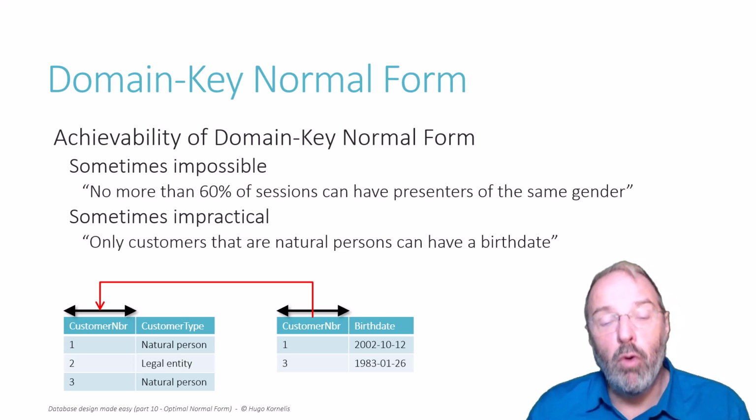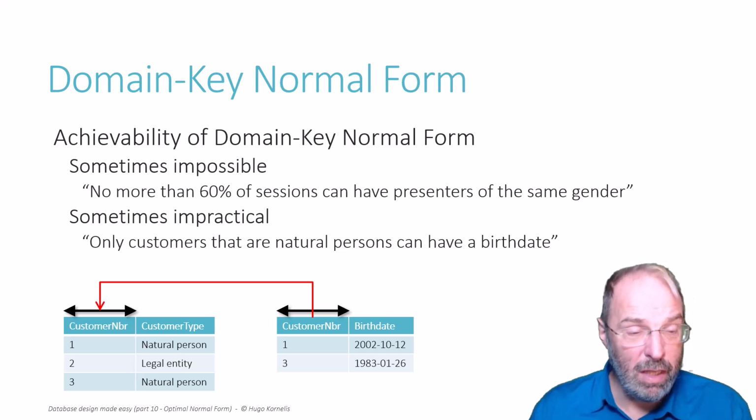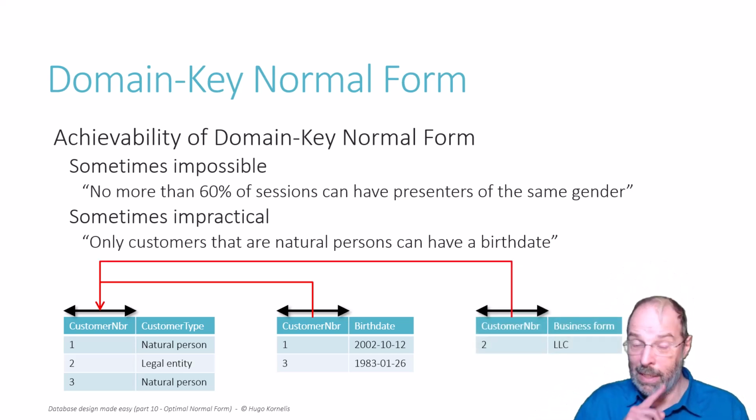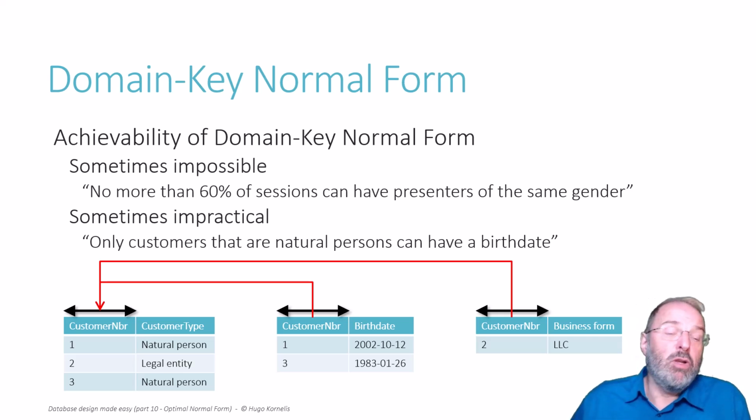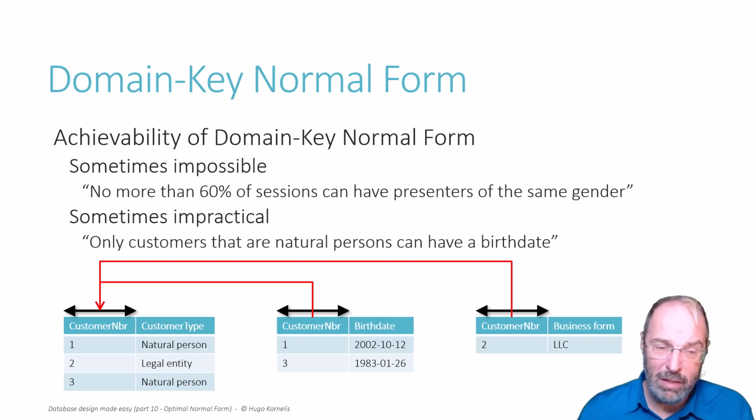Because what if we also want to store the type of business of every legal entity? Customer number 2 is an LLC. Customer number 1 and 3 are natural persons. They don't have a business form, so now we need yet an extra table to store legal entity customers.